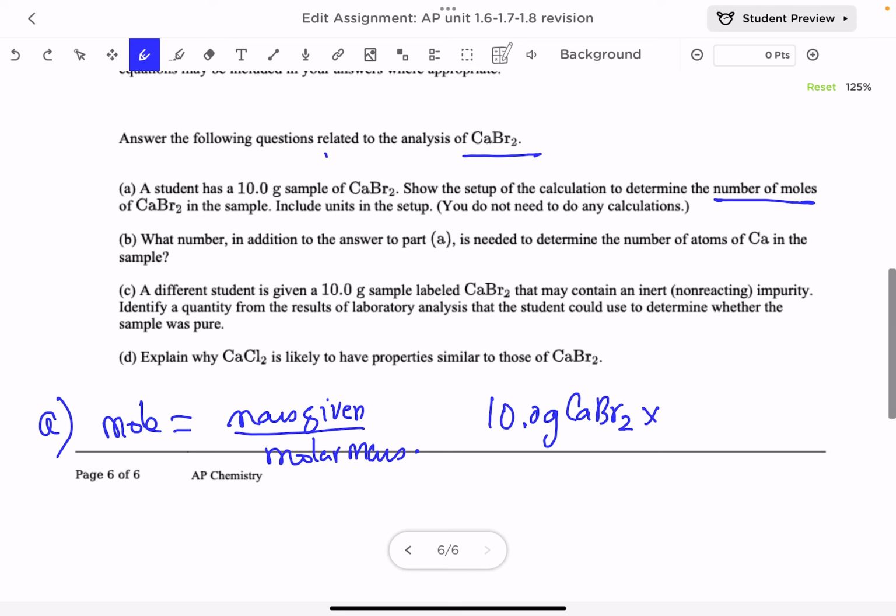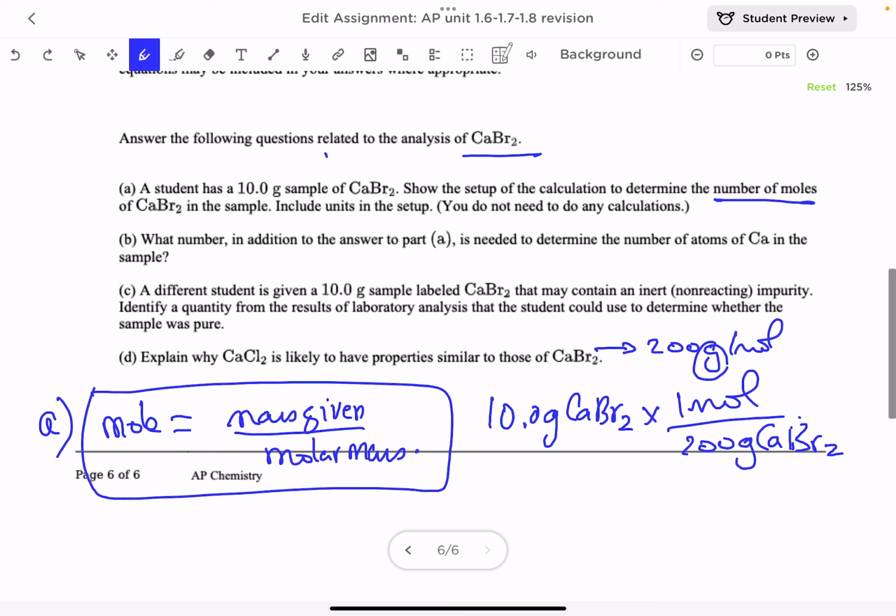And the molar mass of CaBr2 is the mass of Ca, 40, plus the mass of Br, 100. The total is going to be around 200 grams per mole. So 1 mole has 200 grams of calcium bromide. Or simply just write this formula: divide the given mass by the molar mass of calcium bromide.